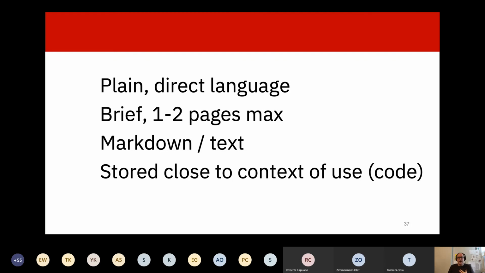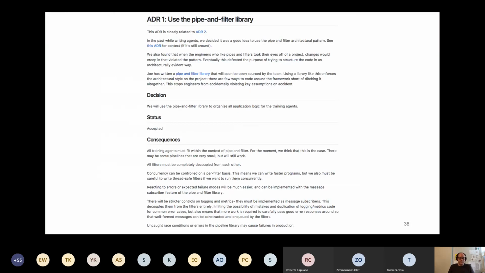Okay. And here's a concrete example. In this particular one, it's a decision to use a particular pipe and filter library. So the team has decided to implement a pattern and then use a library to enforce the use of that pattern. The text is a little bit small, but it talks about how there was a first attempt at this pattern and the architecture eventually eroded.